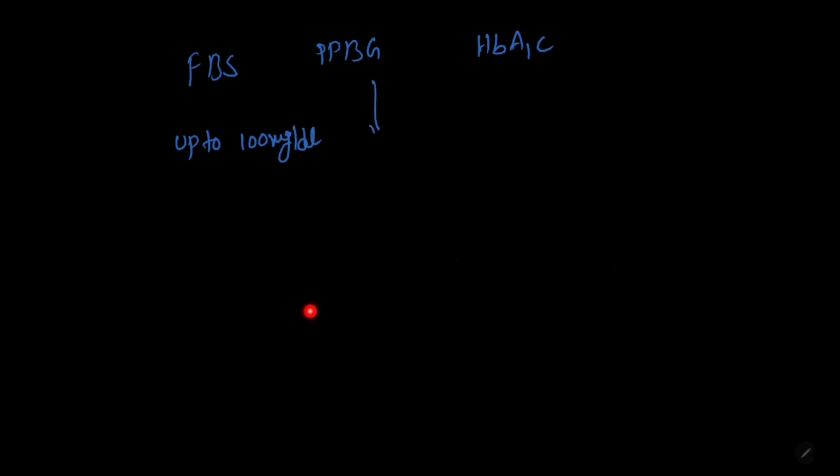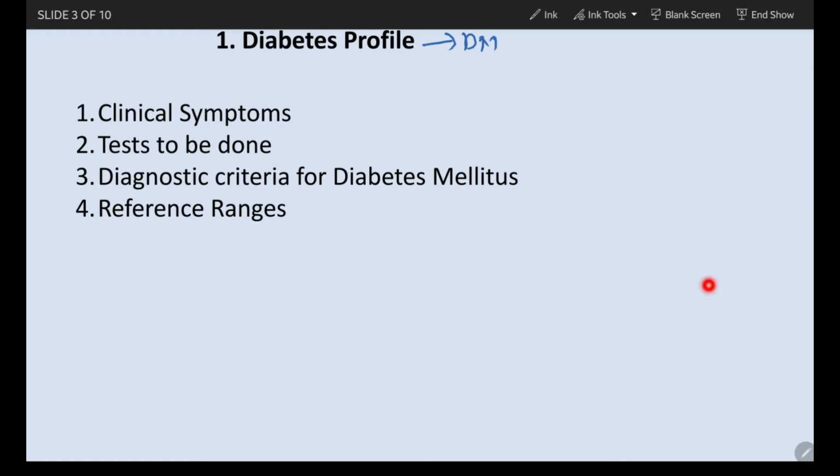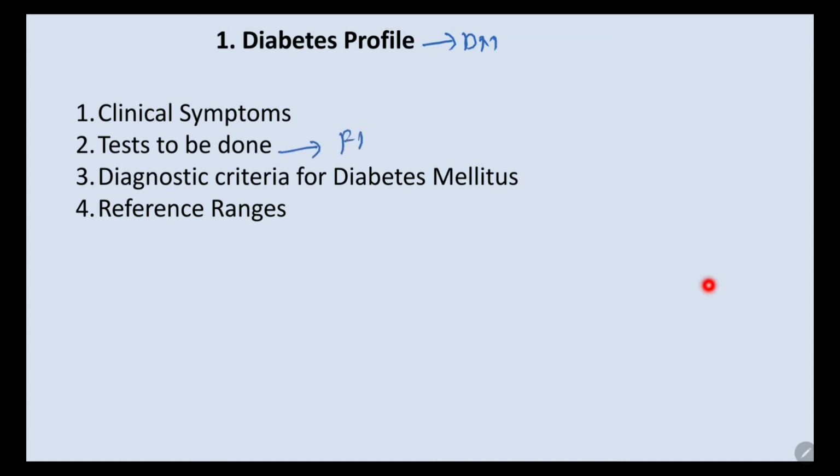In case of postprandial, it is up to 140 mg per dl. In case of HbA1c, it is less than 5.7%. So we do FBS, PPBS and HbA1c.